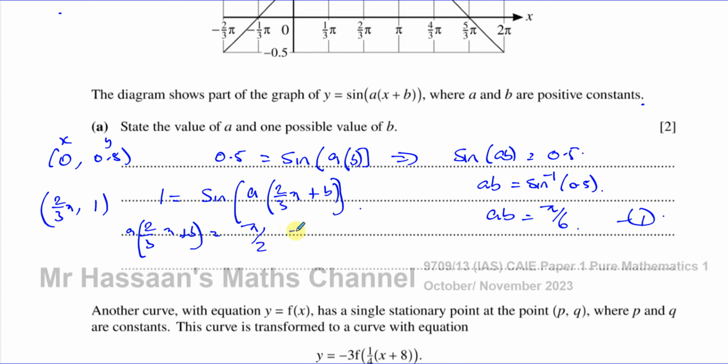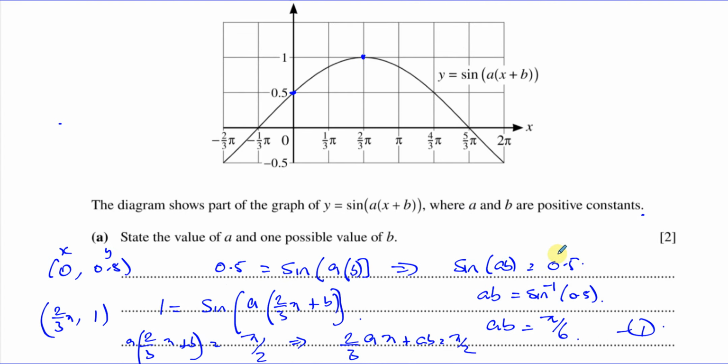Okay, so I'll end up with this giving me 2 over 3 times a pi plus ab equals pi over 2. Now I know already, I can use the space up here, I know that ab equals pi over 6. So if I continue on up here, I have 2/3 a pi plus, now ab is equal to pi over 6, so I can put plus pi over 6 is equal to, and we know that that's equal to pi over 2, so 90 degrees.